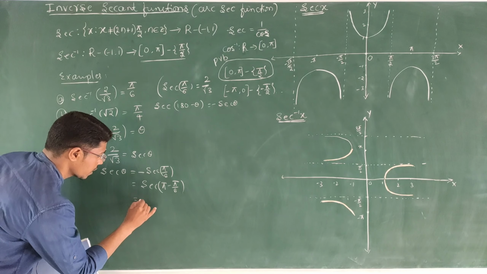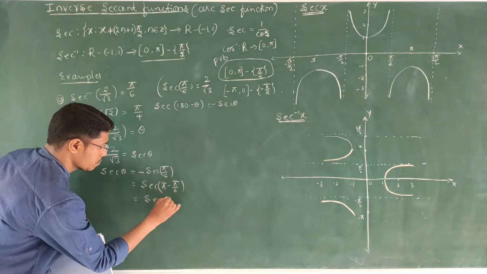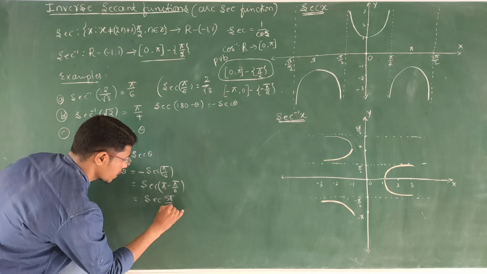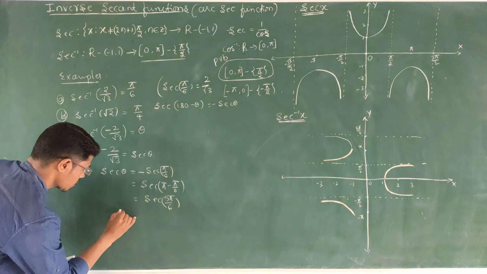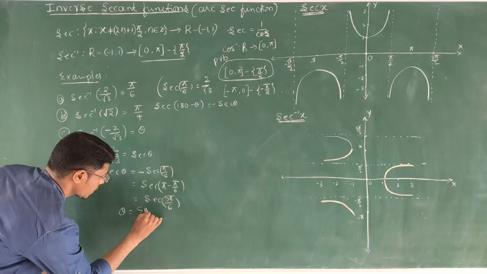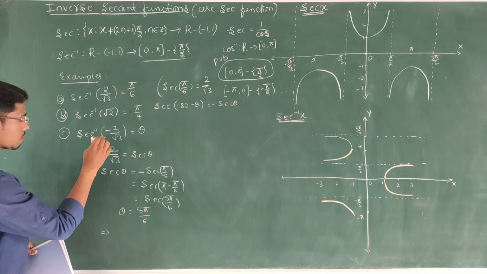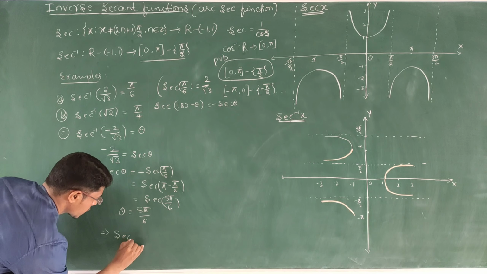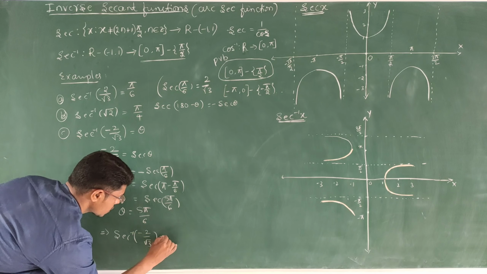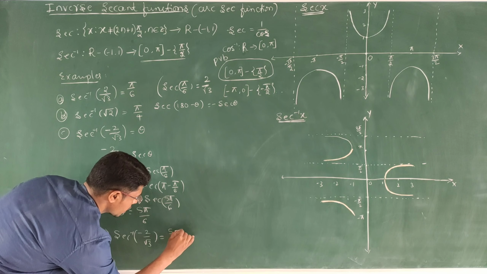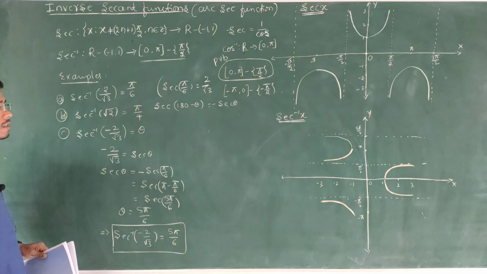That's why I consider pi. So this becomes 6 pi minus pi, 5 pi divided by 6. Therefore theta is equal to 5 pi divided by 6. This implies our problem, sec inverse of minus 2 divided by root 3, is equal to 5 pi divided by 6.